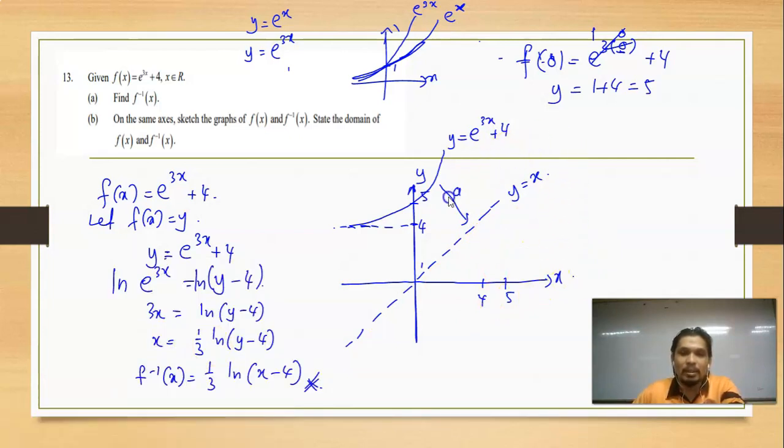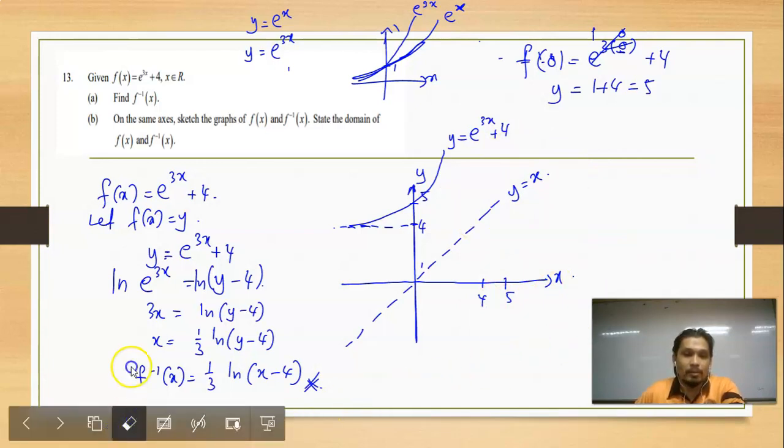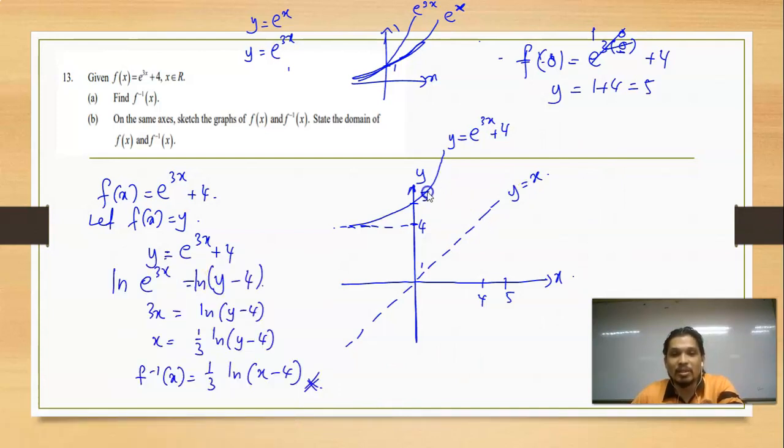In other words, this is a reflective mirror, so the distance from this graph to the line y equals x is the same as to the graph of the image. So it is something like this now. There you go. This is y equals 1 over 3 natural log of x minus 4.